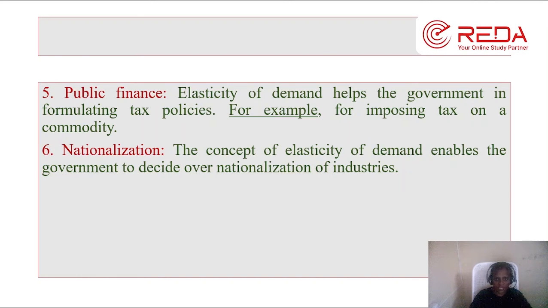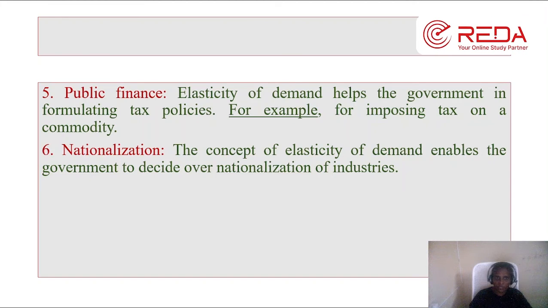Depending upon the elasticity of demand, the government fixes the taxes. If the elasticity is more, they fix higher taxes for the commodity. If the elasticity is very low, they fix low taxes. And vice versa also sometimes happens, to help the consumer.